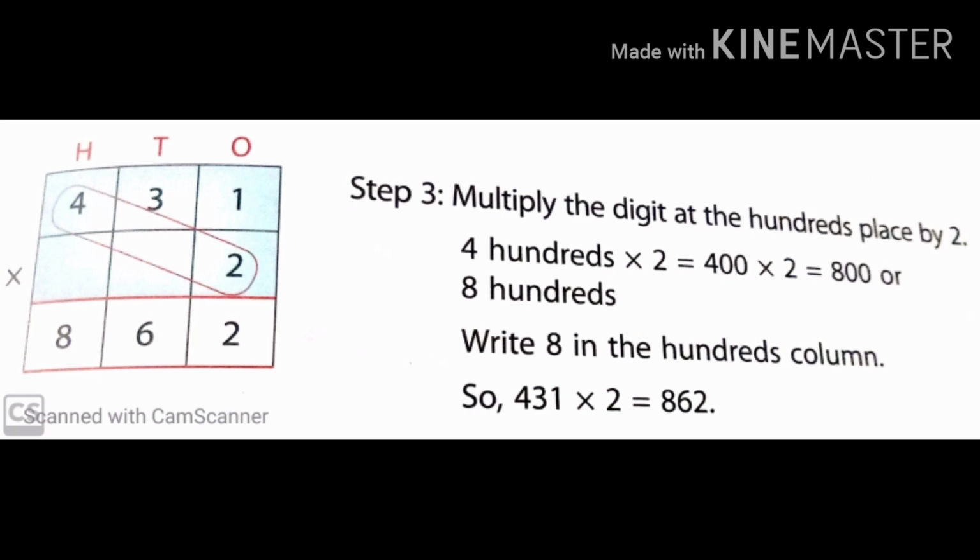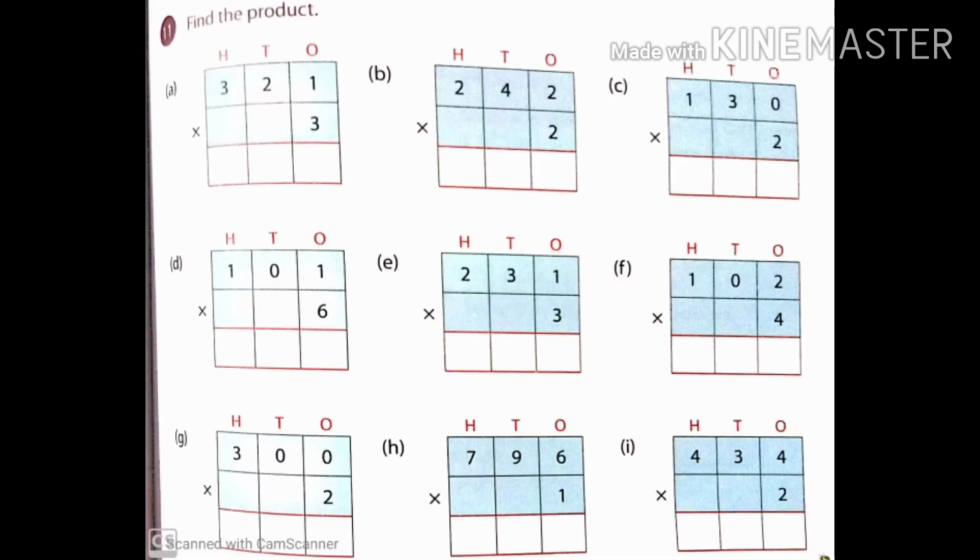So write 8 in the hundreds column. So multiplying 431 into 2, we get 862.